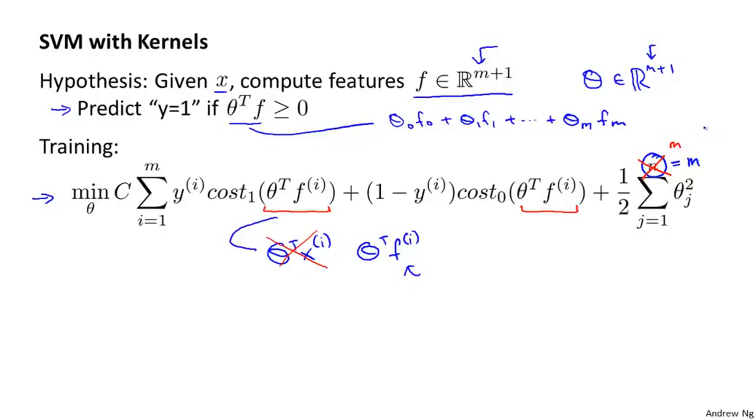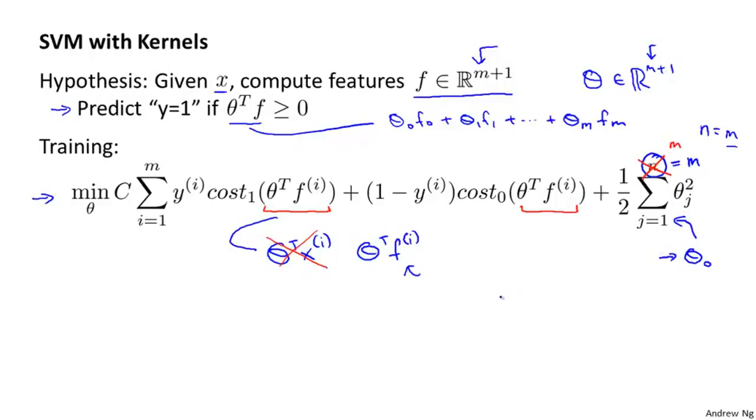If f is the new features, then we have m plus 1 features, with the plus 1 coming from the intercept term. And here we still sum from j equals 1 through m, because similar to our earlier videos on regularization, we still do not regularize the parameter theta 0, which is why this is a sum from j equals 1 through m instead of j equals 0 through m.